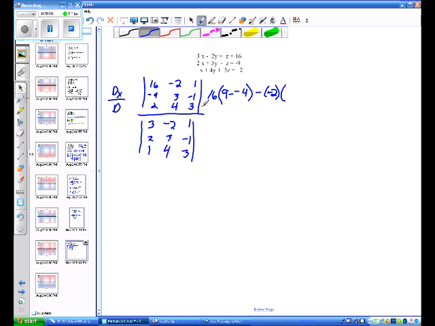Well, I have -9 times 3 is -27 minus, okay, I've left out this row and this column, 2 times -1 is -2. Then it would be a plus. My last number is 1. So I'm going to leave out this row and this column. So that's -36 minus 6.